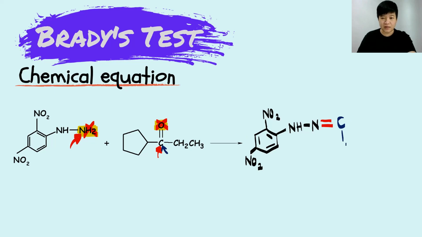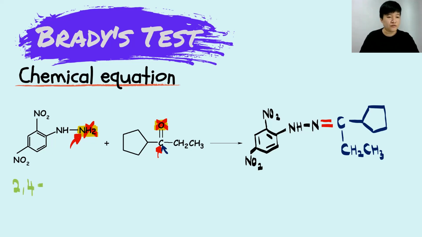And this carbon right now is holding CH2, CH3 and a cyclic 5 carbon. Simple, easy. And if you look at it, that is your 2,4-dinitrophenylhydrazine derivative. That is actually your ketone.